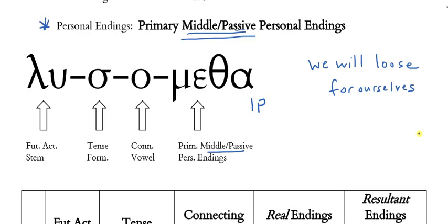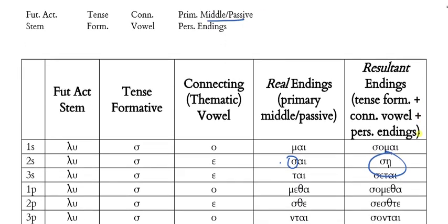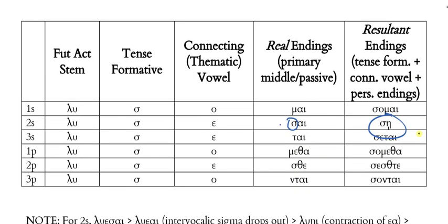All right, and that's why, just as a stock, standard, conventionalized way of translating the middle, many first-year grammar textbooks translate this as we will do something for ourselves. He will do something for himself. Again, it's not perfect, but it helps students to know that you're looking at a middle form with middle meaning.